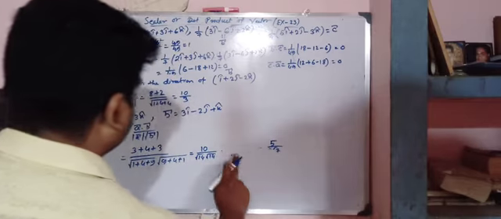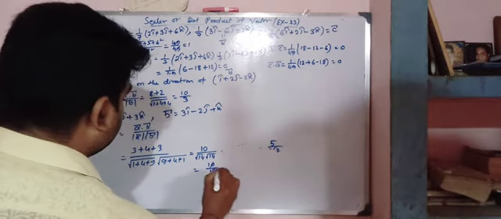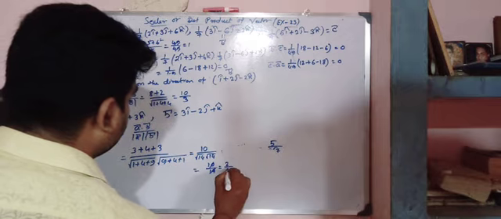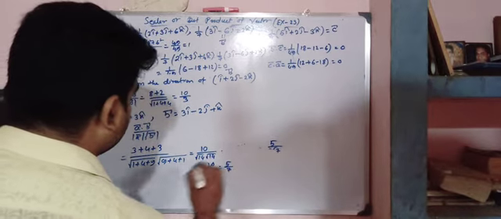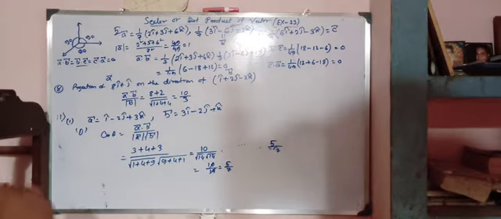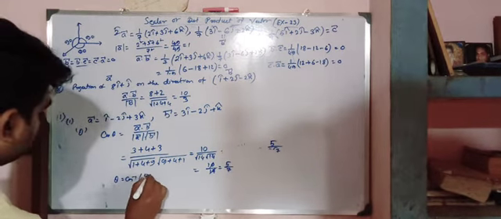So my calculation should be 10 by 14. So theta should be cos inverse 5 by 7. Okay.